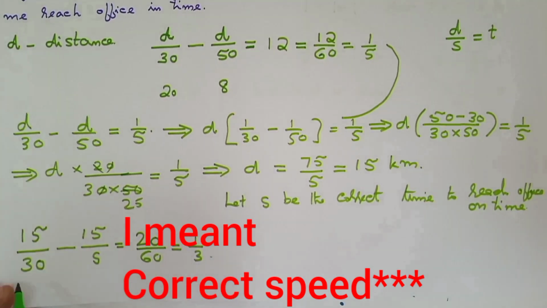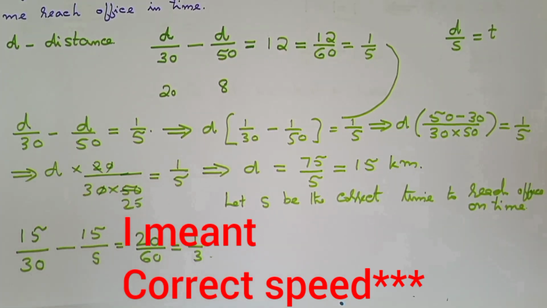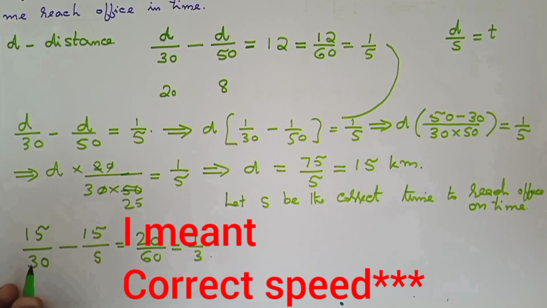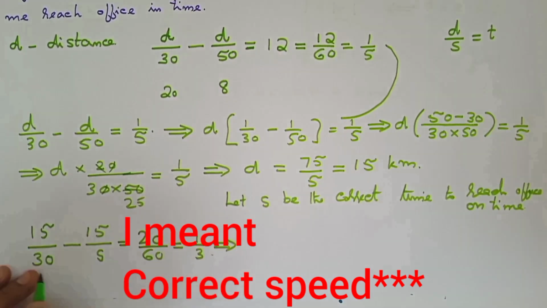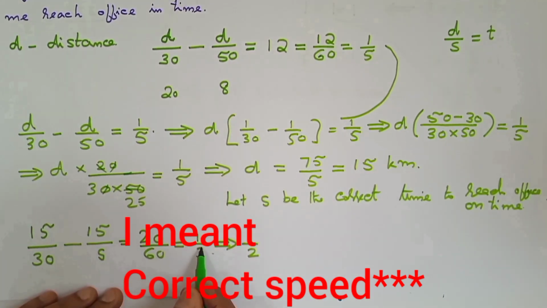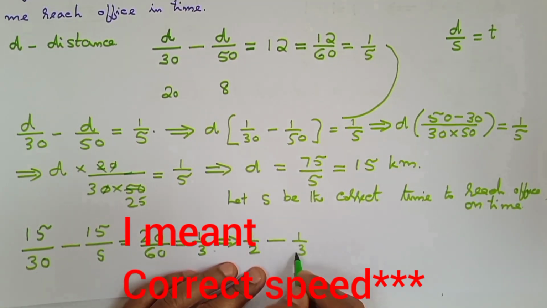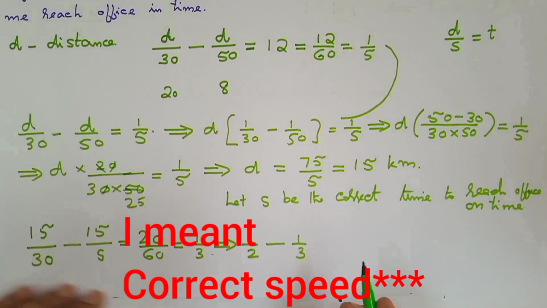I hope you understand this. So when you increase the speed from 30 to S, whatever extra time you had taken will be reduced to 0. That's the meaning. So you have this equation. What you can do is 15 by 30 is 1 by 2, and 1 by 3 you take to the left side. Okay? 15 by S to the right side.